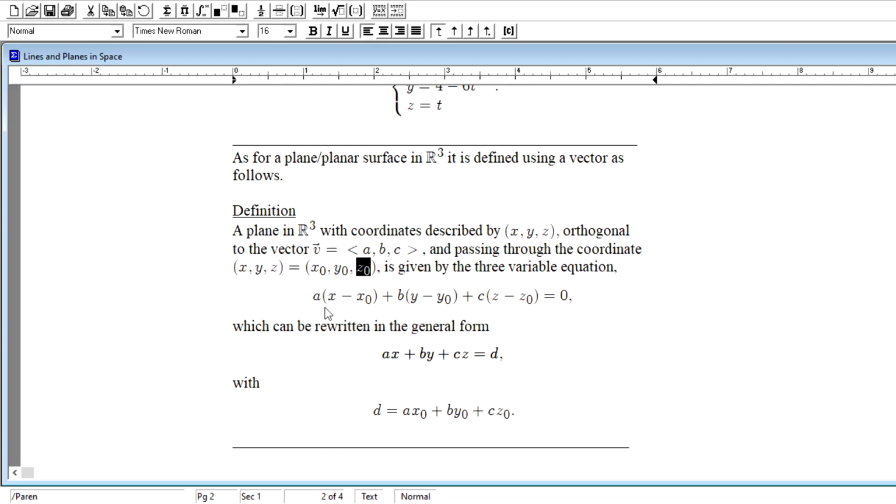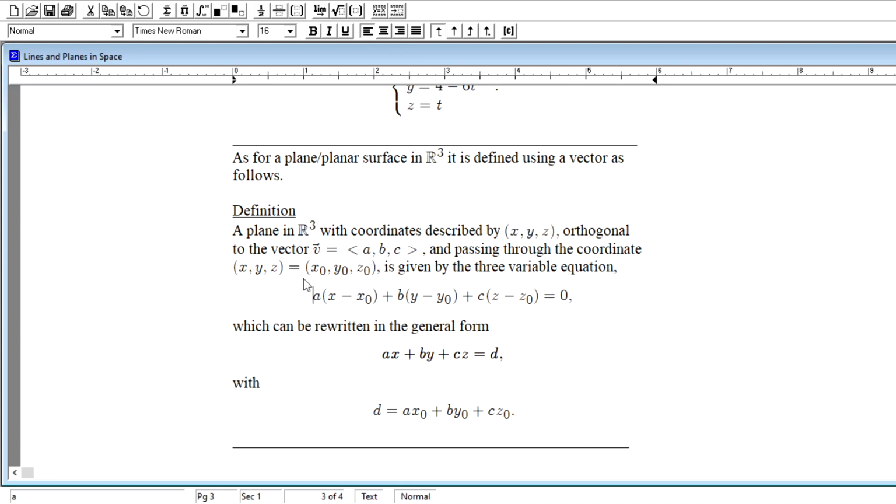And in this equation, the variables x, y, and z specifically are the values that fall on the plane, that are located on this plane, that will make this equation true.